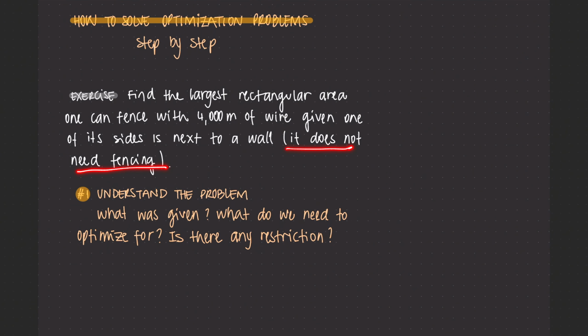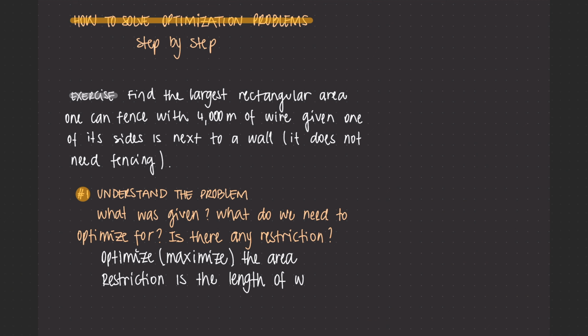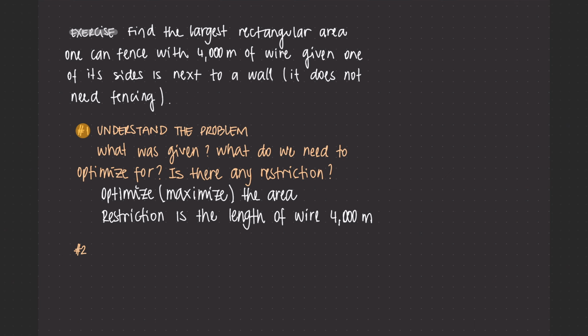So one of the sides does not need to be fenced. And what we need to optimize for is for area. We need to find the largest possible area, which means maximize the area. And what does it mean to have a restriction? Well, we're always going to have a finite amount of something. And in this case, the restriction is the length of the wire, which is 4,000 meters, which is a lot of wire.